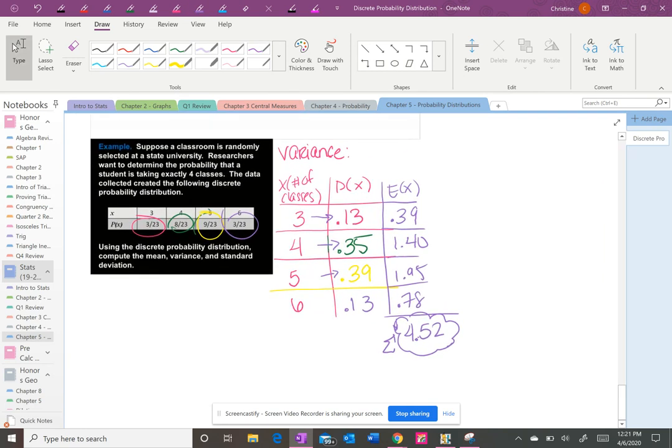Now, the variance is related to the standard deviation. You should remember standard deviation from our bell curve. So let's say the average number of potato chips that you've eaten in one day of quarantine is 12, with a standard deviation of 8.